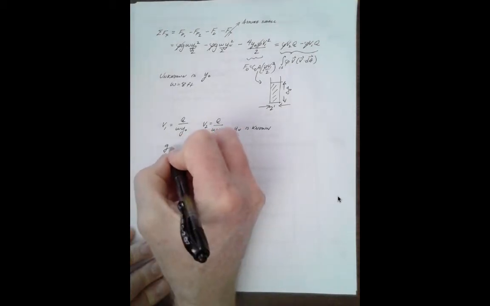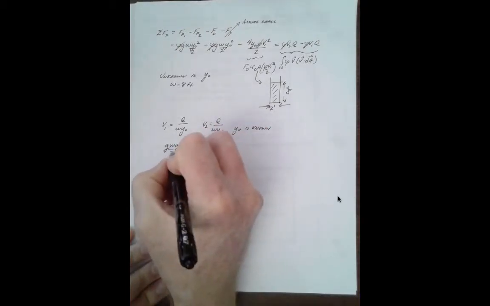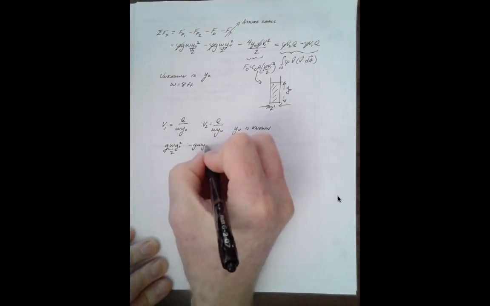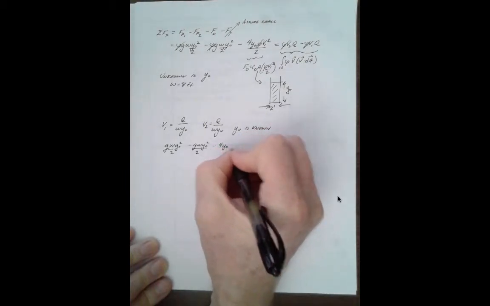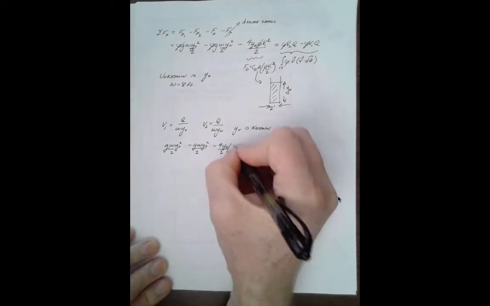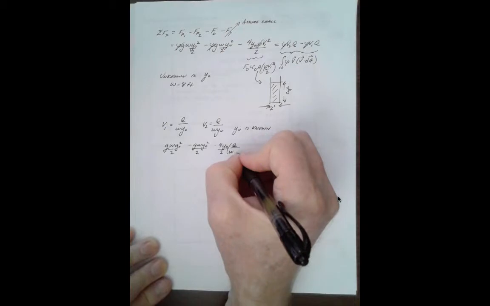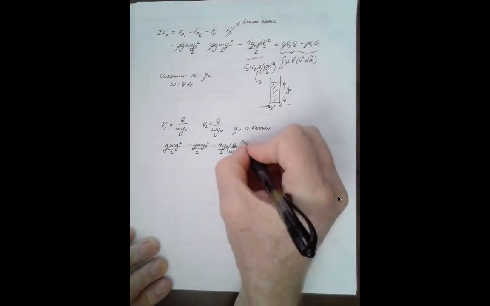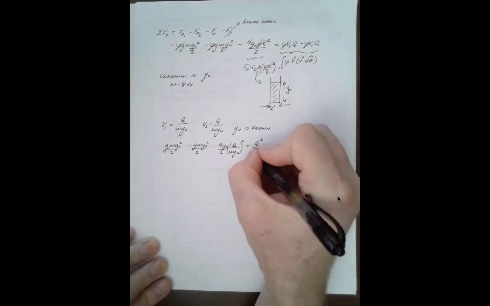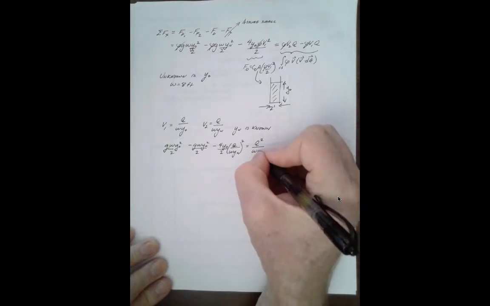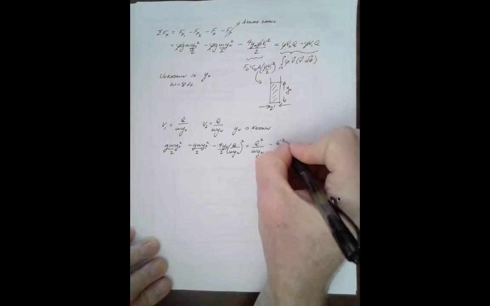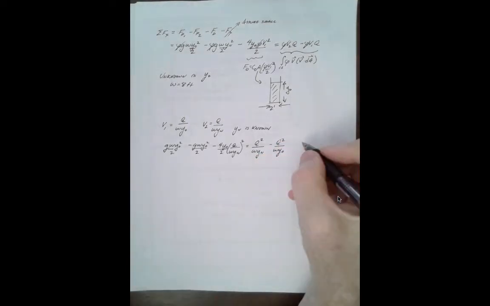So our resulting term is g w y0 squared over 2 minus g w yn squared over 2 minus 4 y0 over 2 Q over w y0 quantity squared equals Q squared over w yn minus Q squared over w y0. Only unknown is y0.